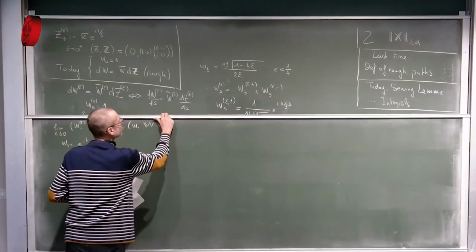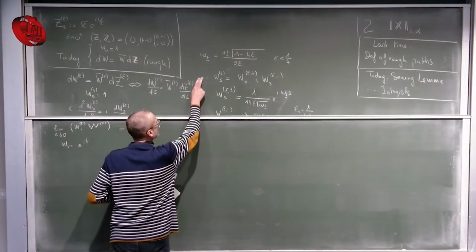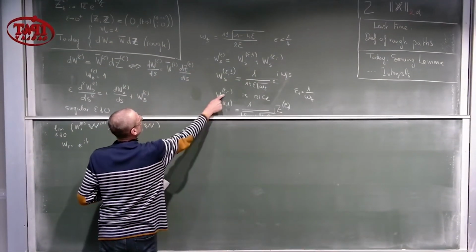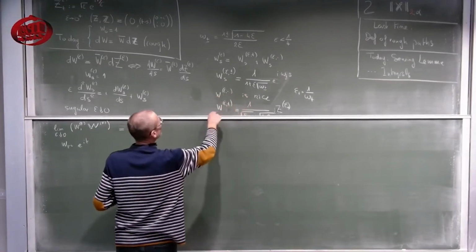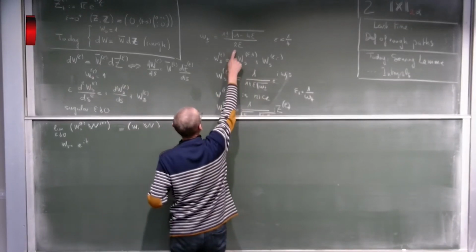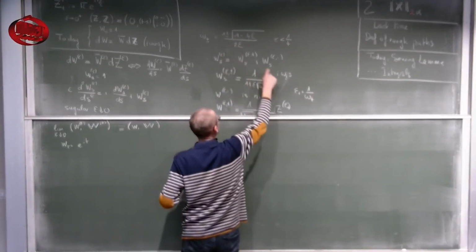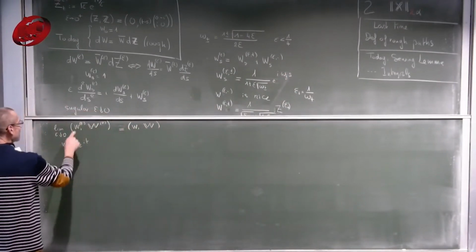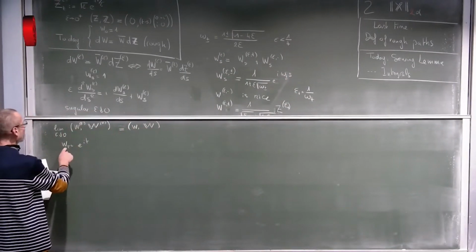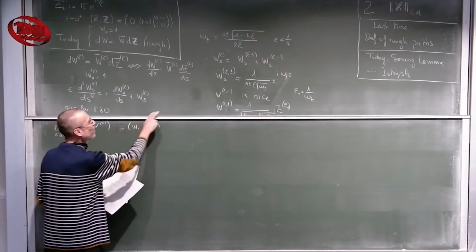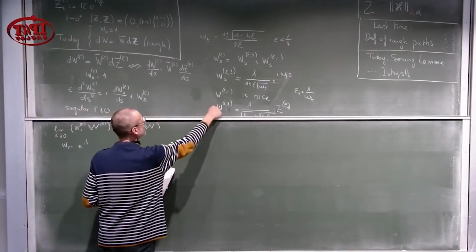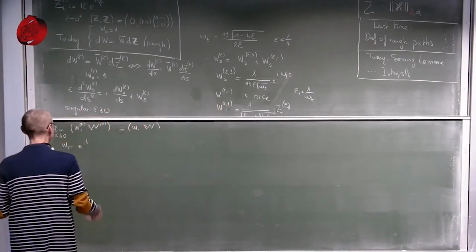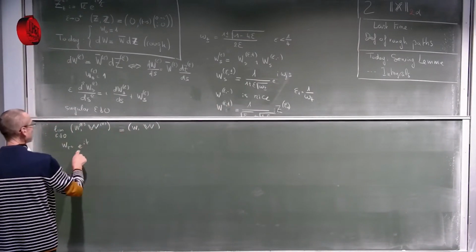As I said, w minus is nice. You can really take limits naively. When epsilon goes to 0, for w minus this is just 1. So this is where this piece in w comes from, from w minus. W plus is going to do just as z goes to 0. So the limit is just given by w minus.